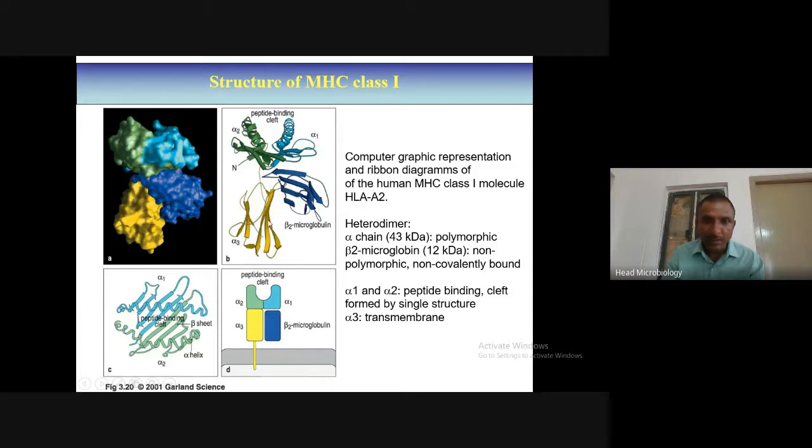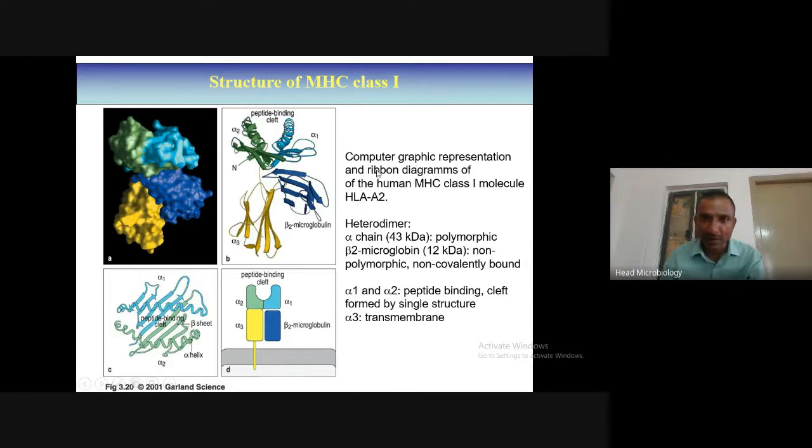Here, this is the beta microglobulin chain, with alpha 3, alpha 2, and alpha 1 chains. This is the most important point.